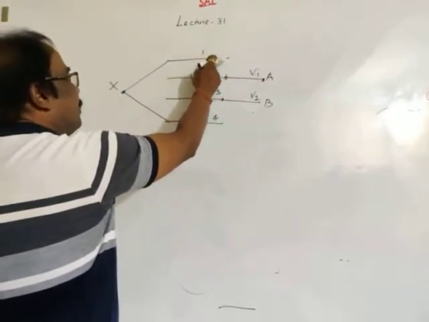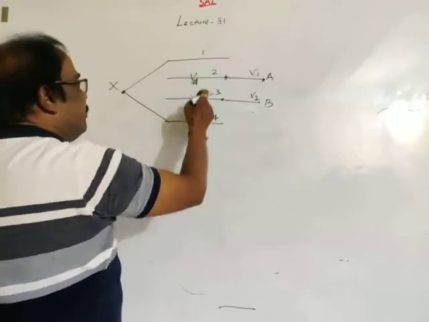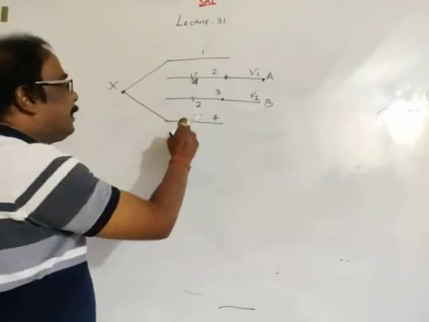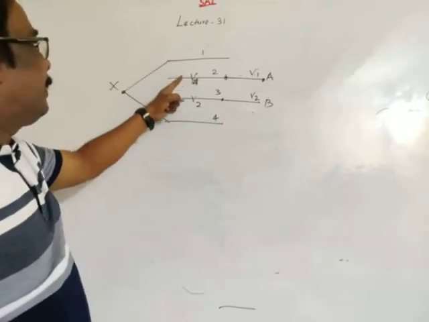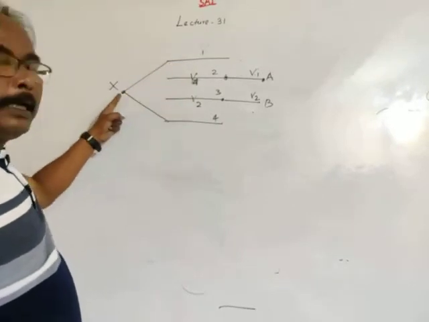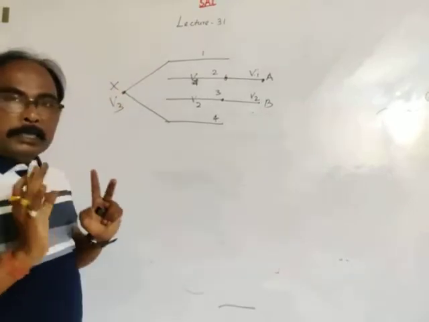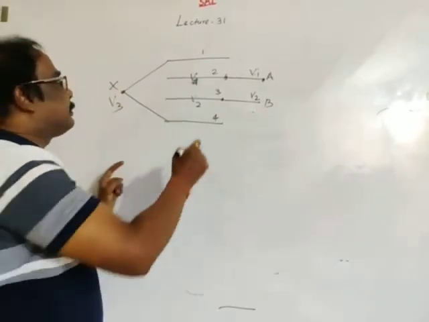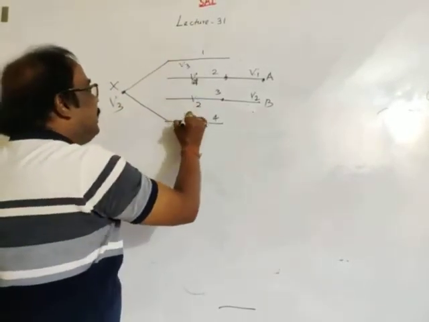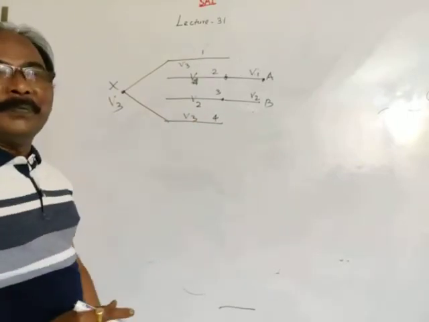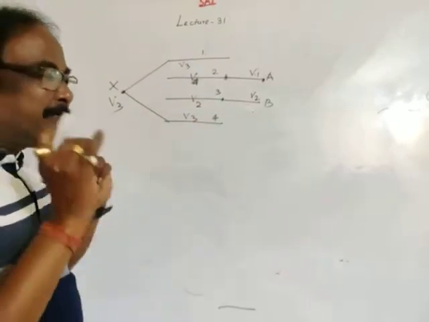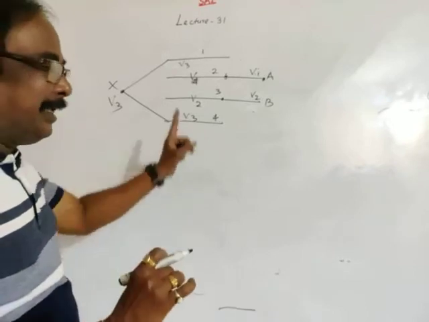Then induced charge will appear on plate 1 and plate 4, these two plates are connected to a common point. If potential of this common point is V3 due to induced charges, then potential is V3. Okay, now it is very, very easier.